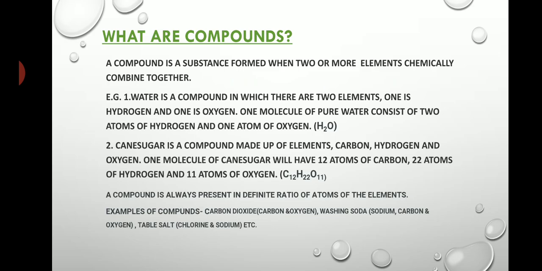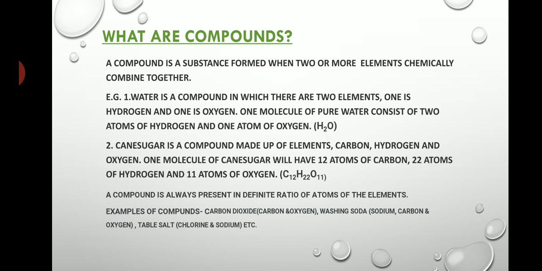It means there is one atom of oxygen in water. So we can say in water, if this is a compound, the two elements which chemically combine together are hydrogen and oxygen.